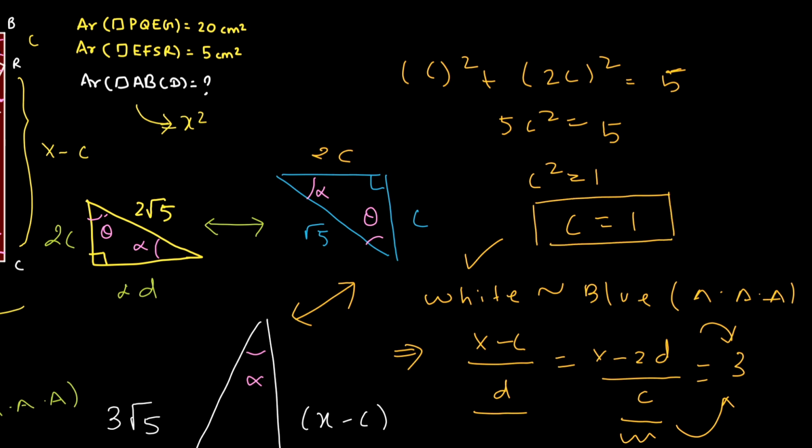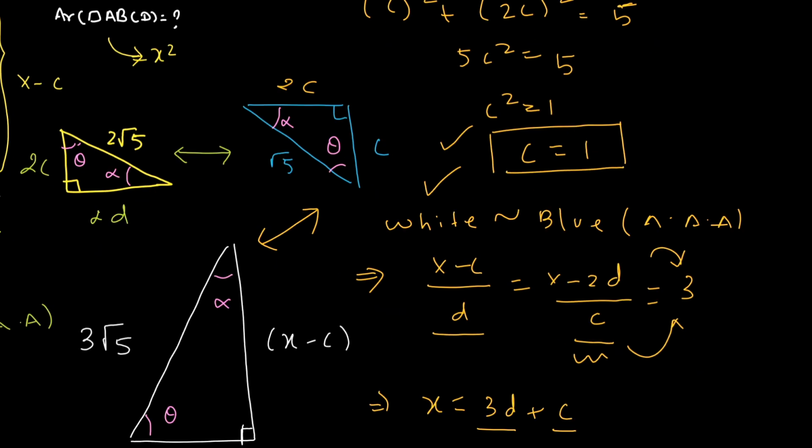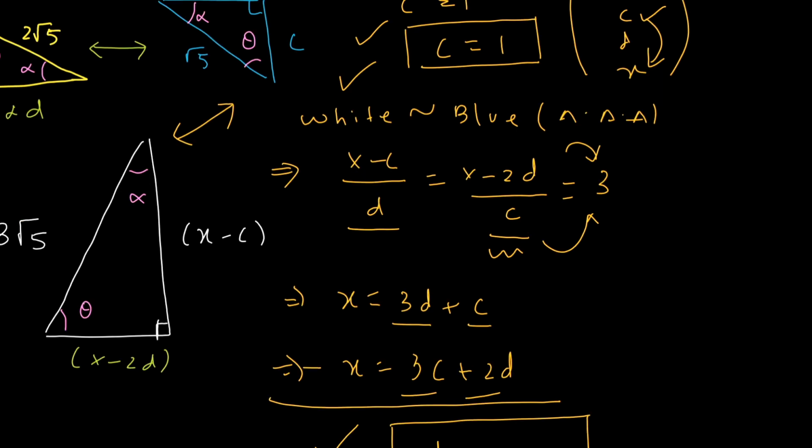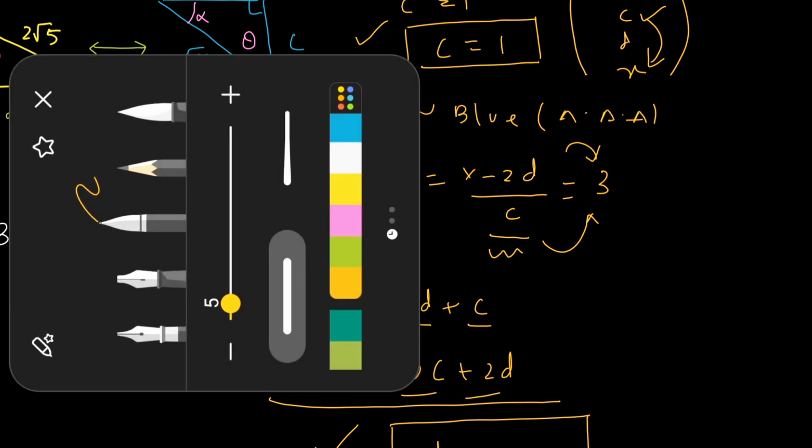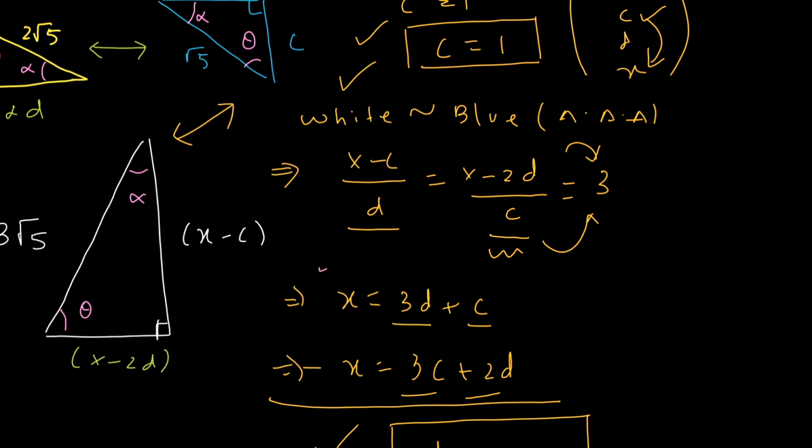But the question is to find the area of this square, and that is x square. Now out of the 5 variables that we have taken in the beginning of the solution, that were a, b, c, d and x, we have got the value of c. Now using this we can find the value of x. So to get the value of x from the value of c, we can just take the help of either of these two equations. I am just going with the first one because it is simpler. So the first equation says that x is equal to 3 times d plus c.